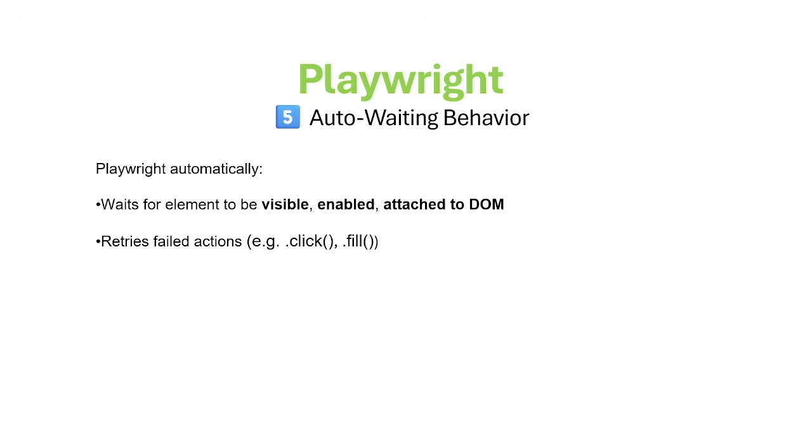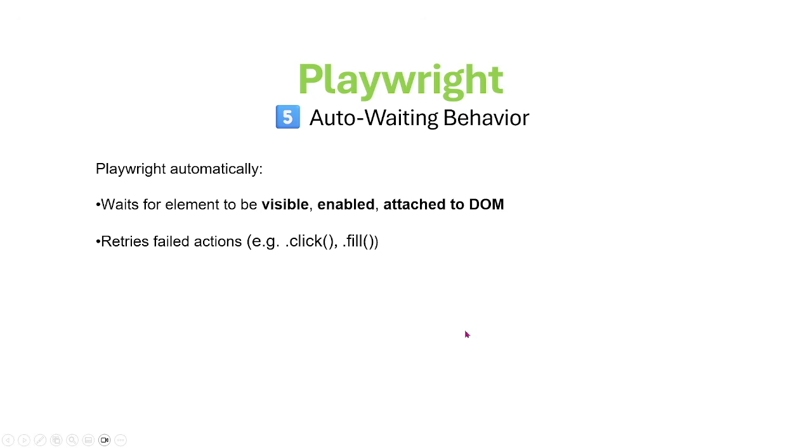Auto waiting behavior: Playwright automatically waits for elements to be visible, enabled, and attached to the DOM. That is, we don't need to write code for waiting, because Playwright automatically waits for elements to show up and be available, enabled, and attached.